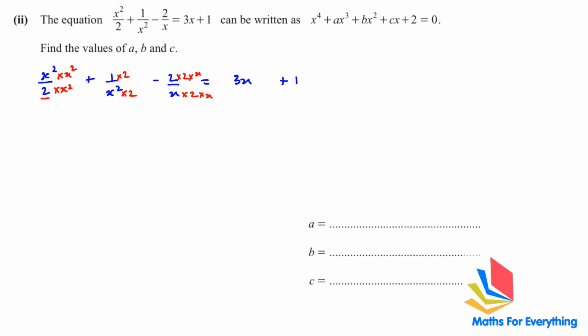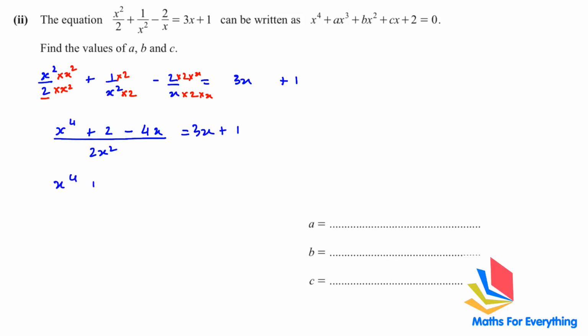Now let's simplify it. When you multiply two variables, you add the power. Therefore, x square multiplied by x square is x to the power of 4. 1 multiplied by 2 is 2 minus 4x over 2x square is equal to 3x plus 1.